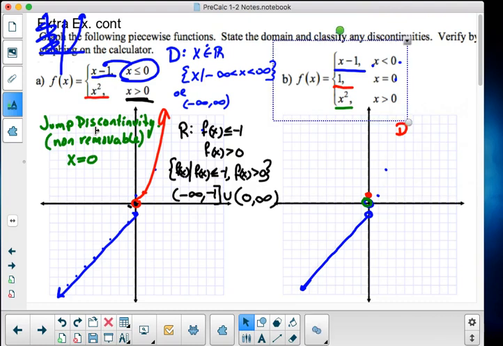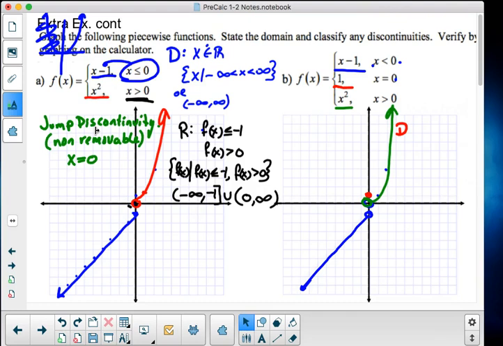Okay, that's my red part. And then x squared comes in and takes over from there and continues the job the remainder of the day. Okay, so because of that fill-in, I have no holes in my domain. My domain is defined from negative infinity to infinity.